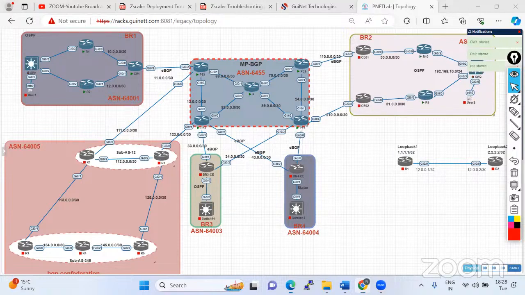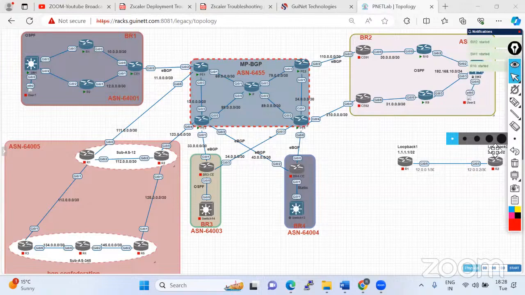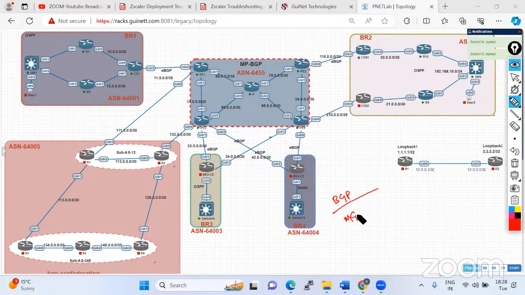That gives in-depth knowledge about BGP when you discuss multiple scenarios, and in those scenarios it's not just BGP; you must understand MP-BGP, which is part of MPLS. So these are the core and these are the basics.